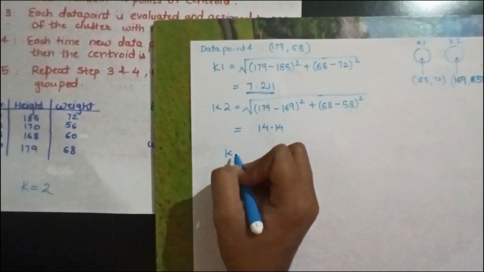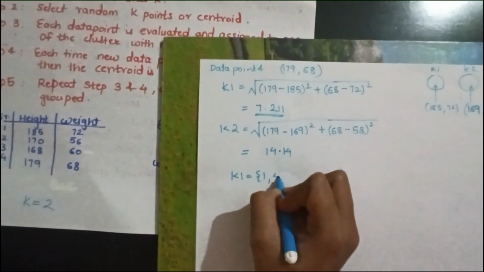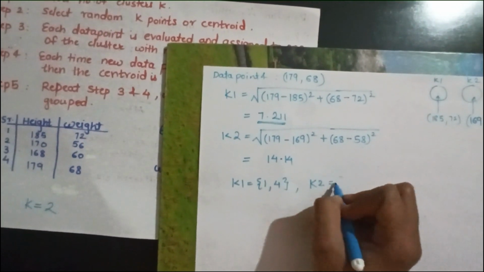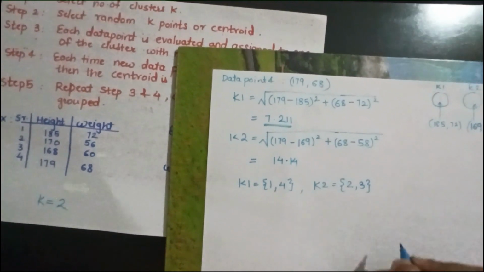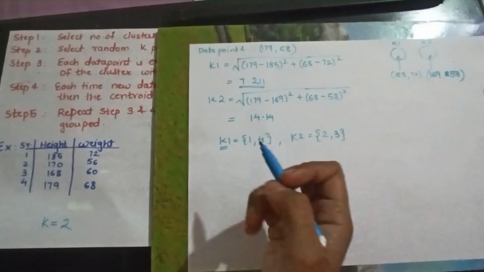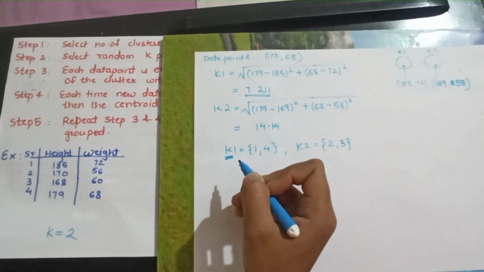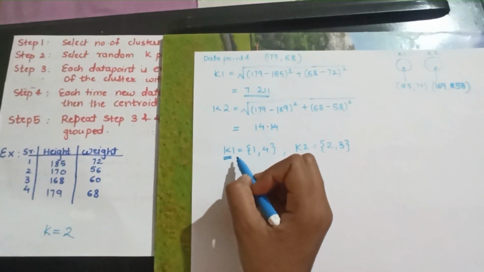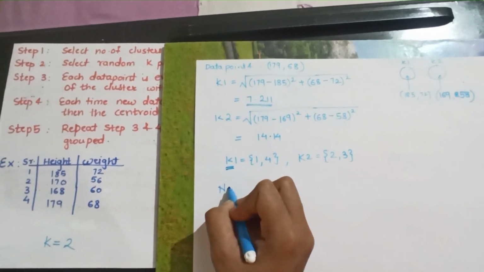So now the K1 cluster consists of data point 1 and data point 4, and cluster K2 consists of data point 2 and data point 3. Now we will calculate the new centroid value for cluster K1, so we will recalculate the centroid value.